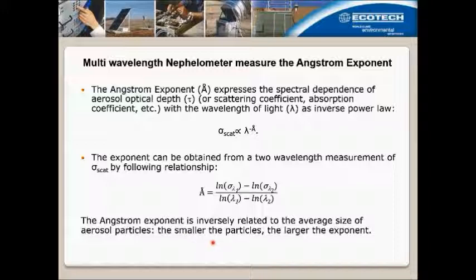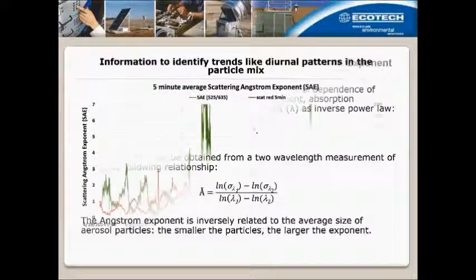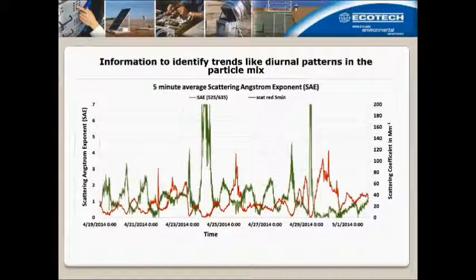So smaller particles have the larger exponent, and that will be shown in the next couple of pictures, where I took a section of the red scattering coefficient and plotted it against the green scattering angstrom exponent. Remember, high angstrom exponents mean small particles, and low angstrom exponents mean bigger particles.